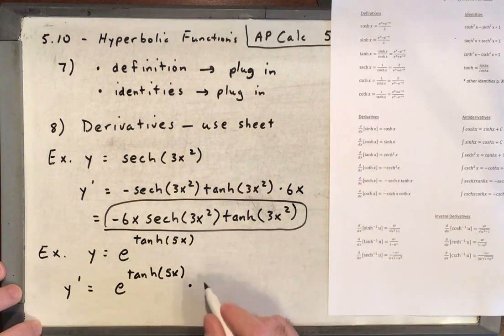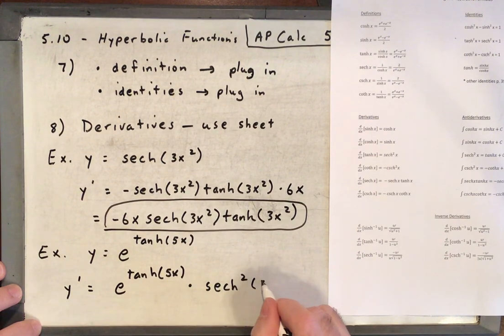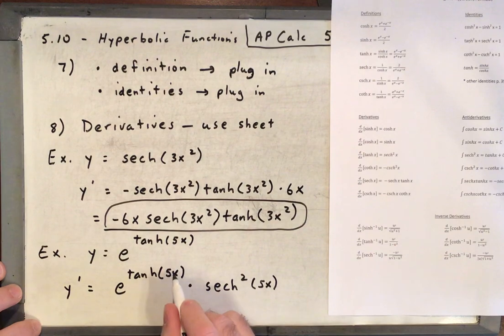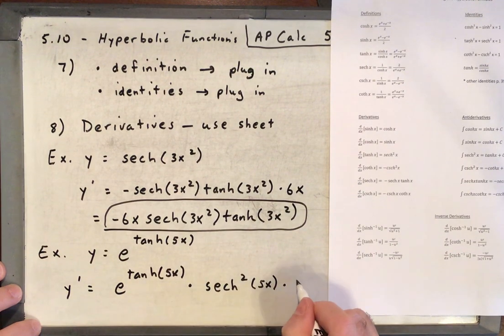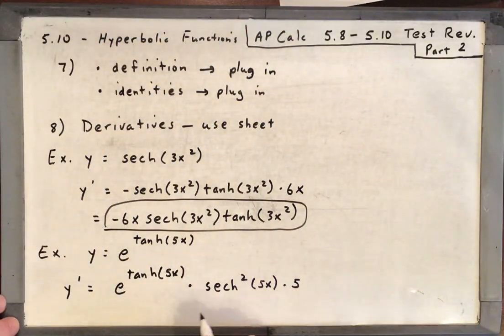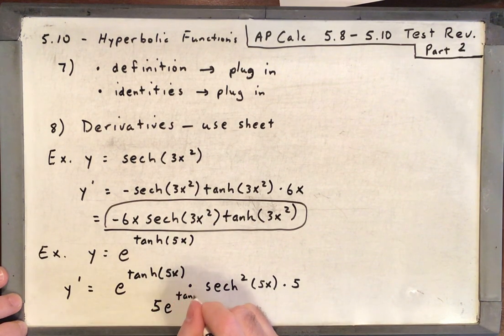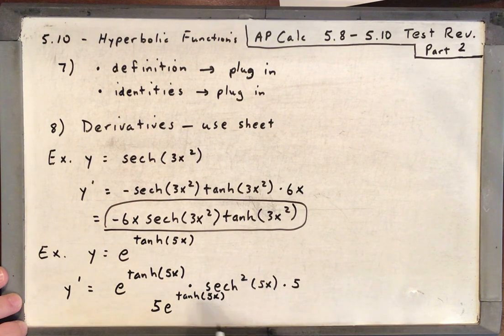It's hyperbolic secant squared 5x times the derivative of the innermost blob, so times 5. All right, so cleaning that up, let's bring the 5 out front. So this is going to be 5e to the hyperbolic tangent 5x times hyperbolic, let's move that up here.